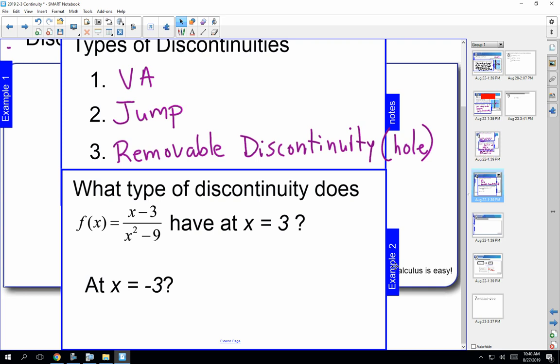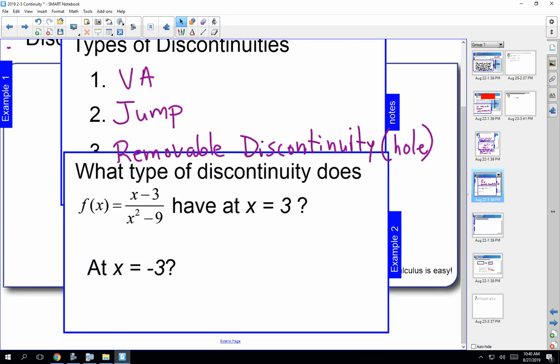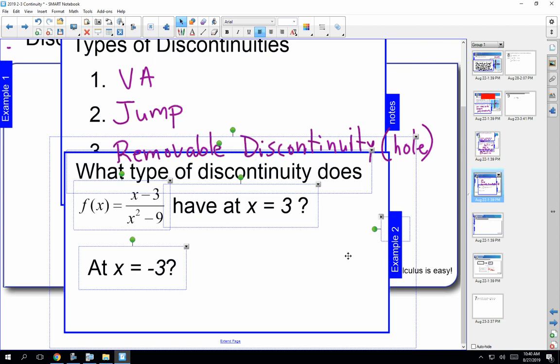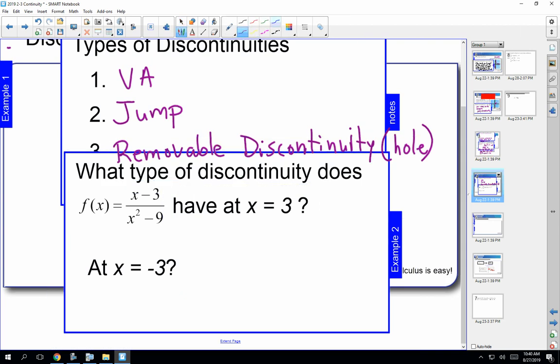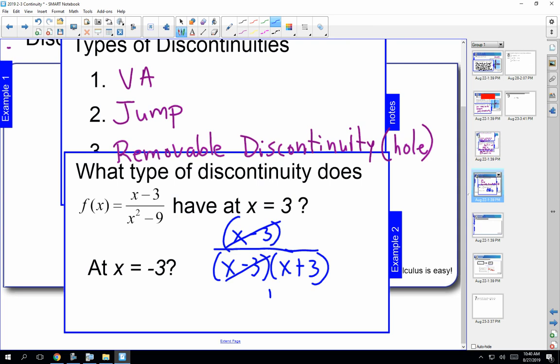So we've got x minus 3 on the top. A little bit of factoring here: x minus 3, x plus 3. And so my function f of x ends up being 1 over x plus 3.